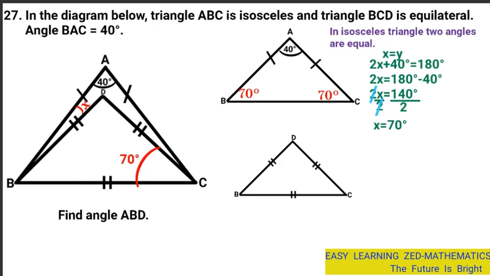Then again that angle, from line AB to line BC, is also 70 degrees. Now we have found the value of those angles, from line AC to line BC, and line AB to line BC.